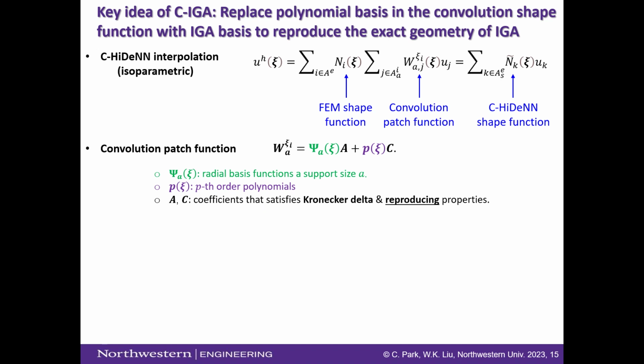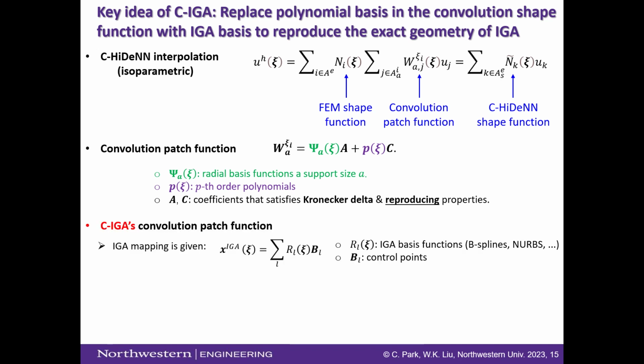But in convolution IGA, what we want to do is to reproduce the exact geometry coming from IGA. And IGA geometry was built by the IGA basis functions, which are B-splines or NURBS. So this is a classical IGA mapping. So what if we can replace this polynomial basis with IGA basis functions? Can we reproduce, in such case, the exact geometry? That was the idea.